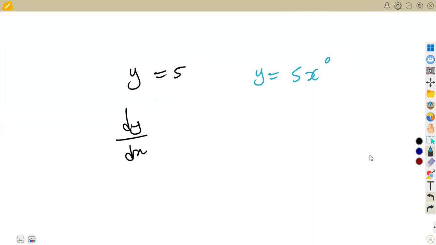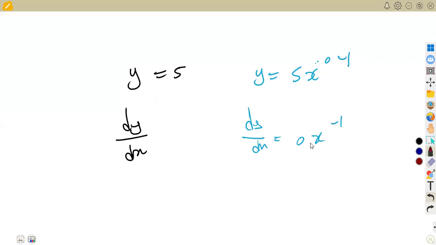It's just a 1. So if I was to find the first derivative of y with respect to x, I was going to multiply this 0 and 5. So that's 0 times 5, that's a 0. The moment you're multiplying 0 and 5, that's a 0. Then what do you do? You subtract 1 on the exponent. So that will be 0 minus 1, which is minus 1.